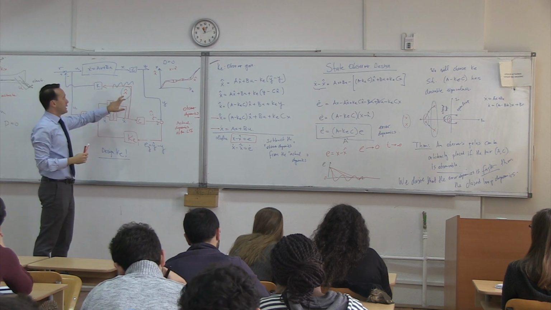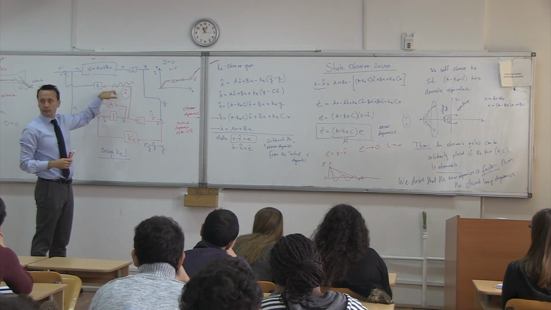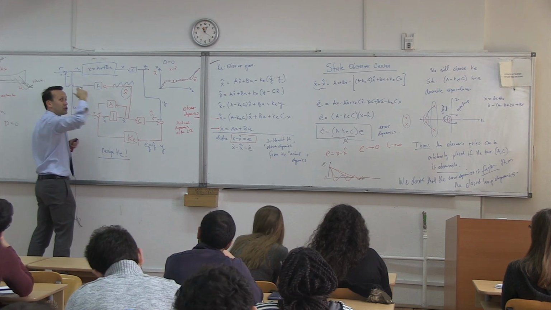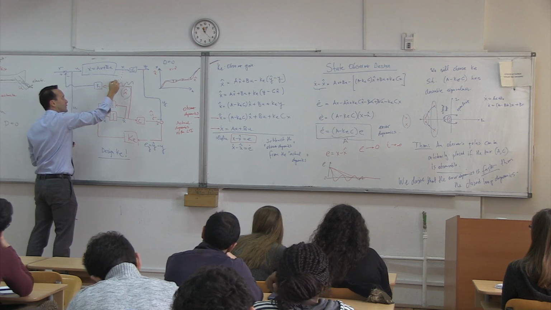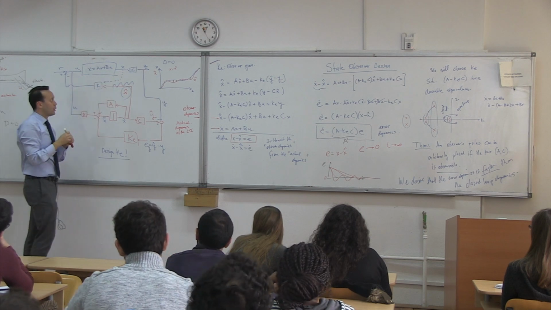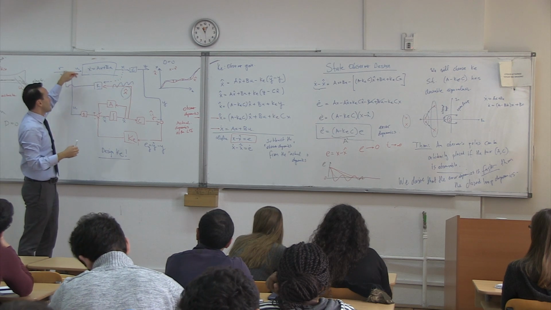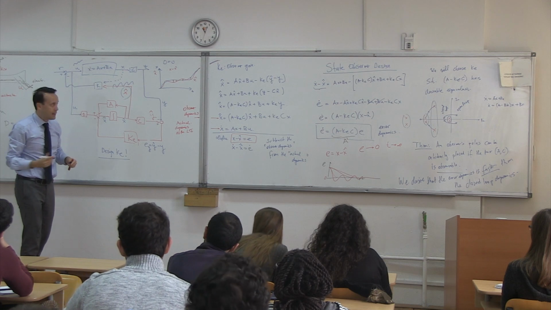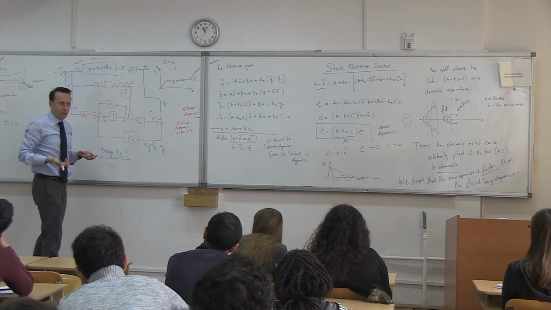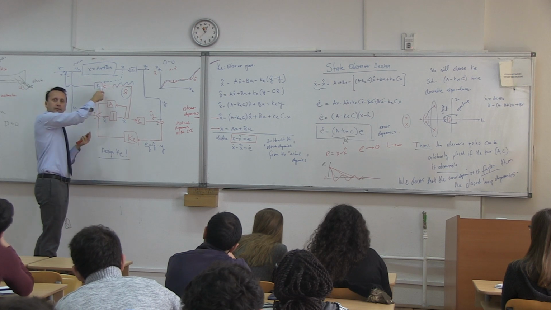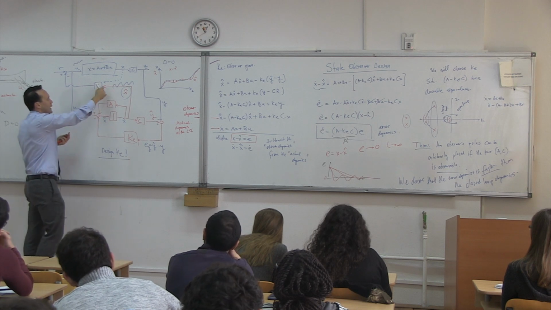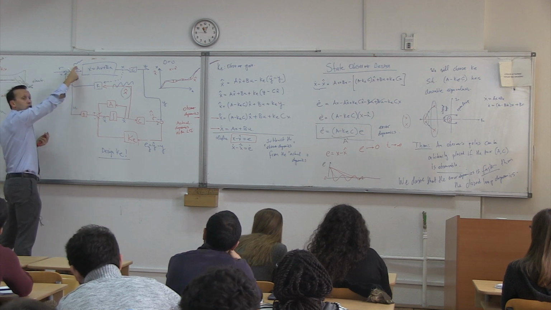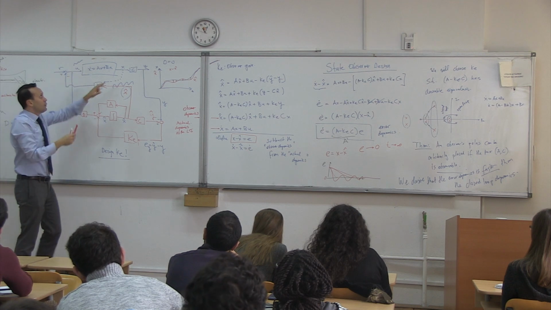Your controller will think you're oscillating, because if the system was really oscillating in real life, then you could have this one, and this one would tell you, oh, I'm oscillating, so it would do something over here. It would probably also give some oscillatory input to cancel it out. But in reality, this guy is not oscillating at all. What's oscillating is the observer. So you will have this oscillating signal into K, and then it would generate some oscillating U over here, and that would indeed be oscillating X.